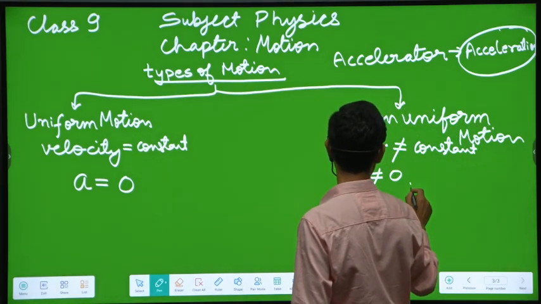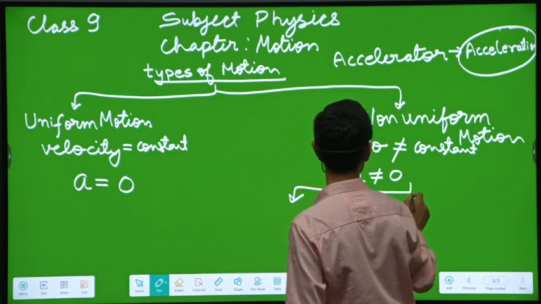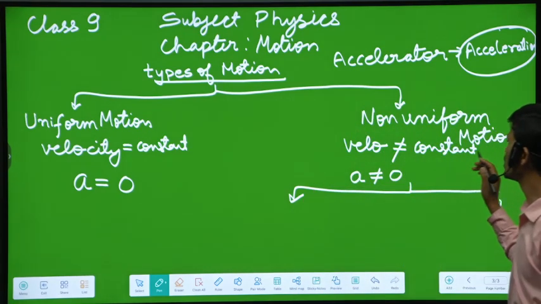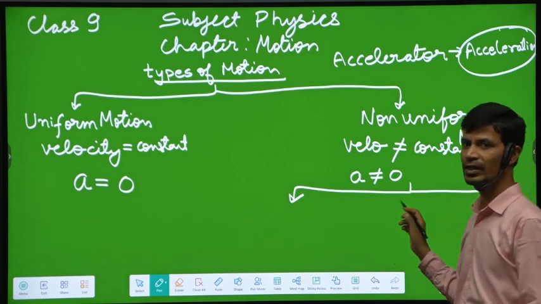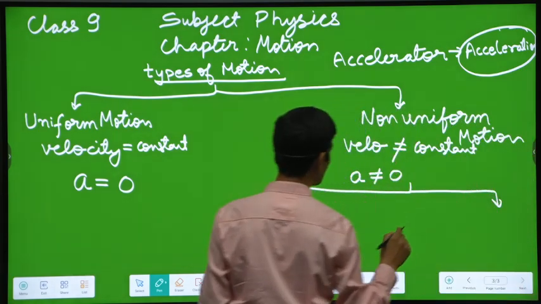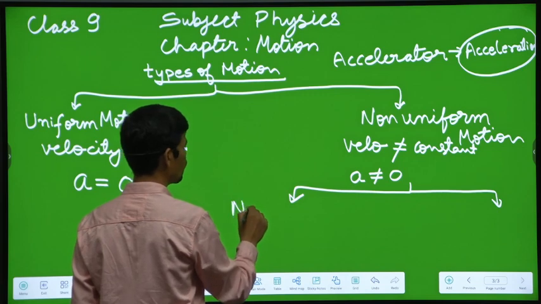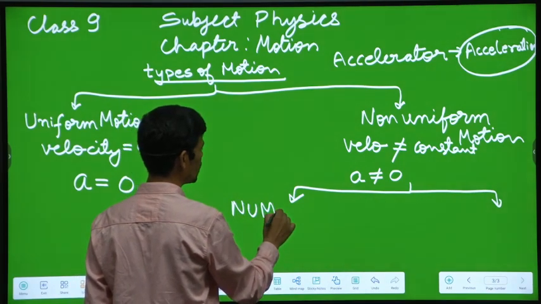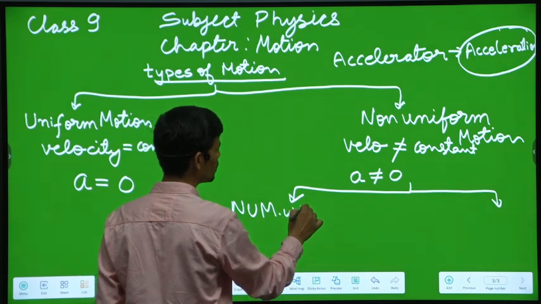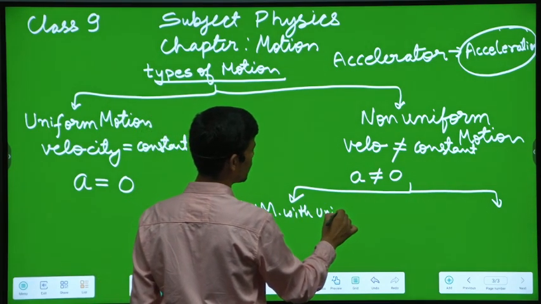Another important thing here is, in fact, this non-uniform motion can further be divided into two categories. First, non-uniform motion with uniform acceleration.